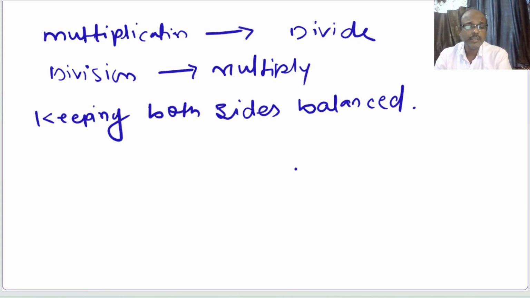So till now we covered multiplication and division by a positive number as well as a negative number, that is, positive coefficient as well as negative coefficient.